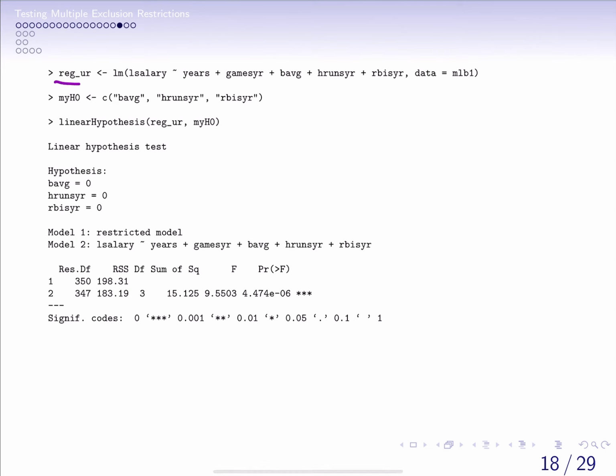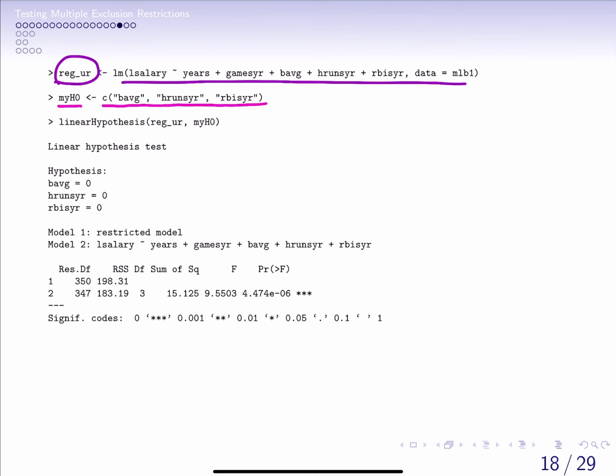We can write out what our unrestricted model is, so this is with all of the variables. And then we can set up our null hypothesis. We can just call it my H naught and specify the variables that would be a part of the exclusion restrictions.